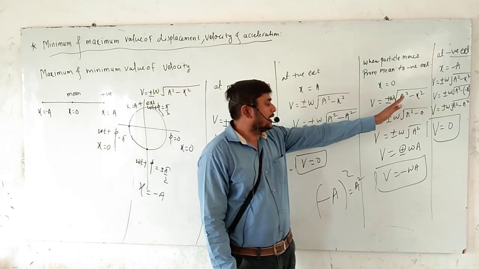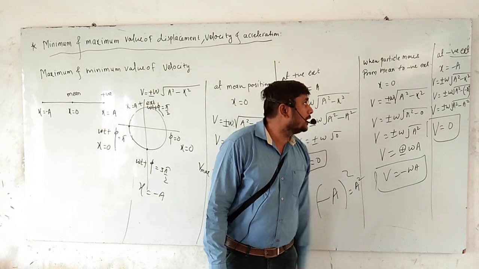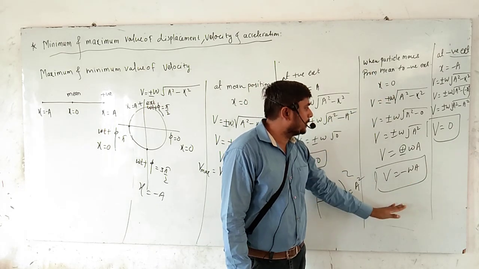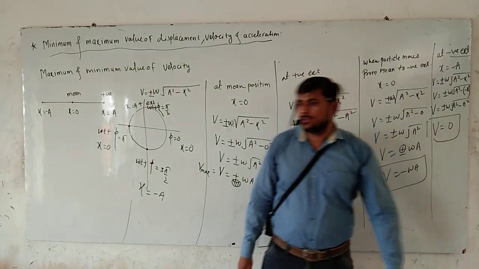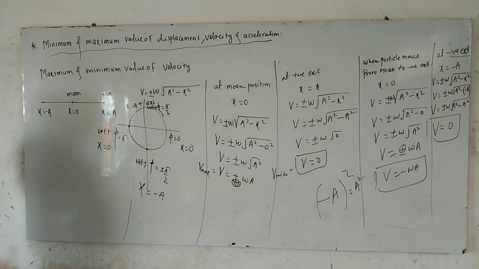At the other mean position, when the particle moves from mean to negative extremity, velocity will be minus omega a. And when the particle is at the negative extremity, velocity will be equal to 0. That is the situation we have, right?